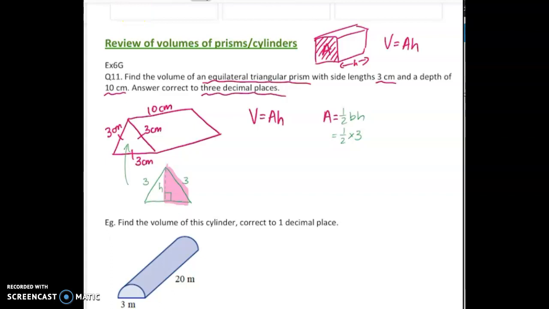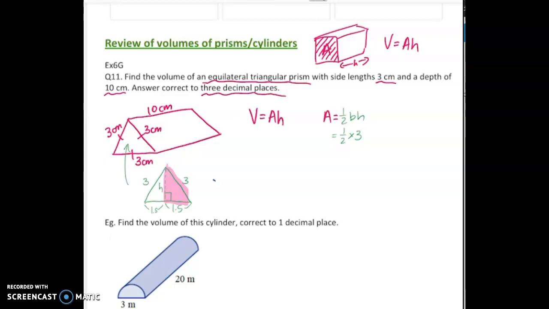So this length at the bottom of this triangle is half of 3, which is 1.5 centimeters, and the hypotenuse is 3. We have 2 known sides out of the 3, so we can find the unknown height using the Pythagoras theorem.